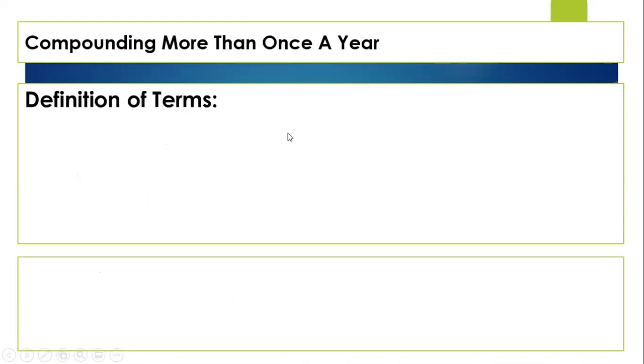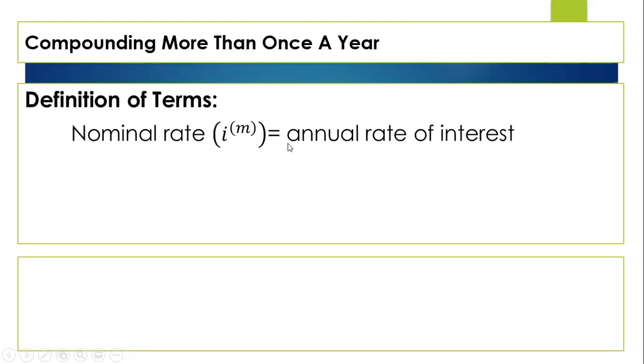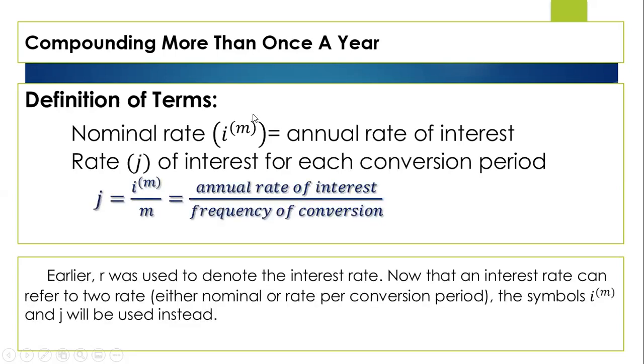Okay. So for compounding more than once a year, more definitions. Nominal rate. Karaniwan, earlier, we use R for the rate. Pero ngayon, since pwede siyang ma-compound, hindi lang annually, so we will now call it the nominal rate or the I raised to M. So ganyan po magsulat.